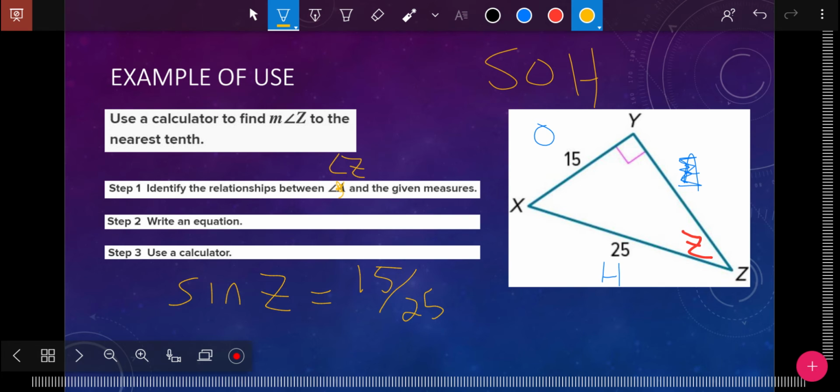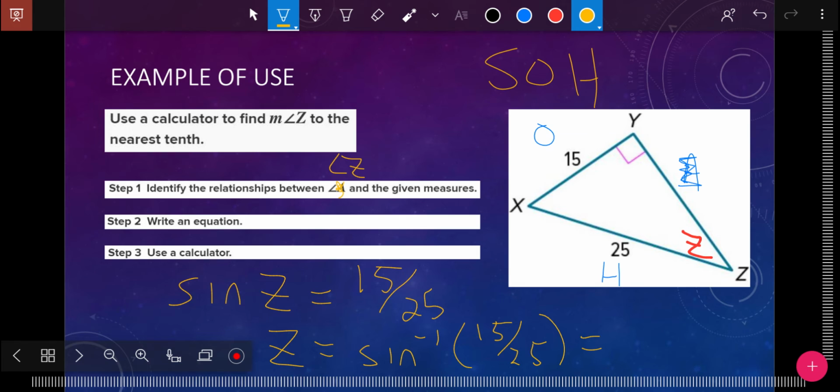Now, to solve for Z, to get rid of the sine, I have to do the inverse. And so now it's all about learning how to use your calculator. If you have a graphing calculator, type it in just like it looks. It'll be simple.